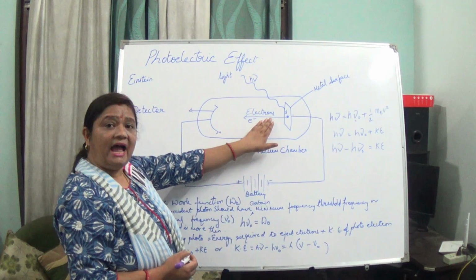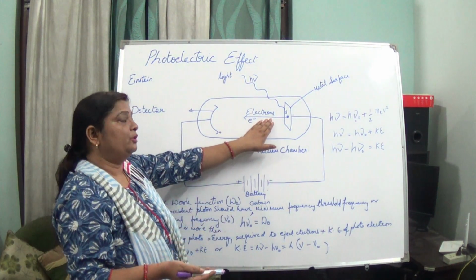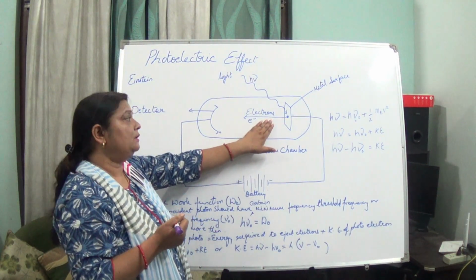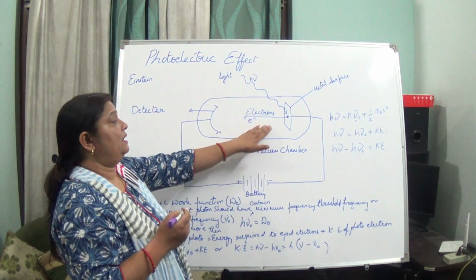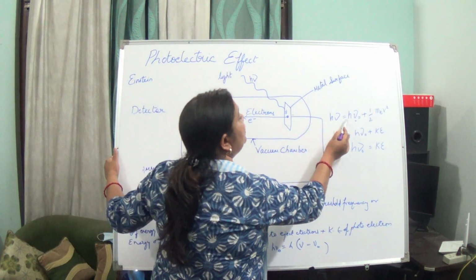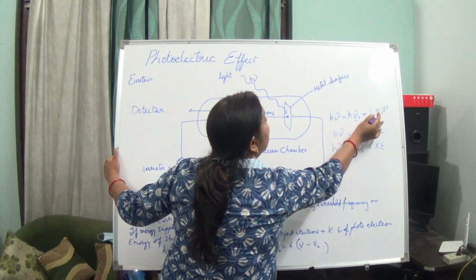For that we have to provide some more energy, in the form of kinetic energy. We can denote it as h nu is equal to h nu naught plus half m e v square.